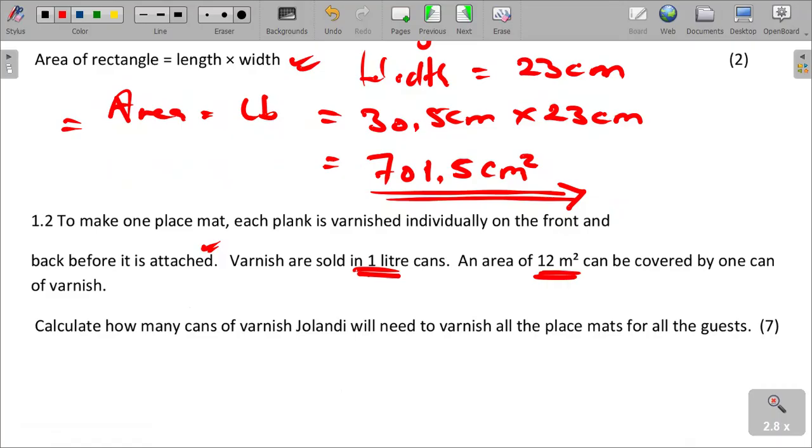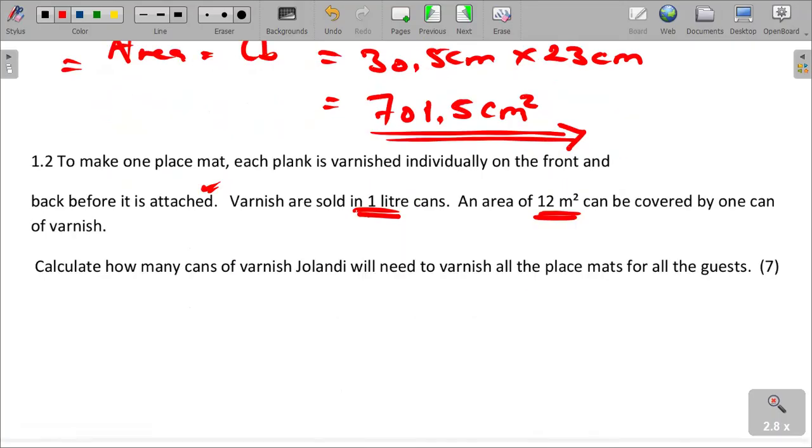So calculate how many cans of varnish Joladi will need to varnish all the placemats for all the guests. In this case, the first step is to convert units to centimeters.